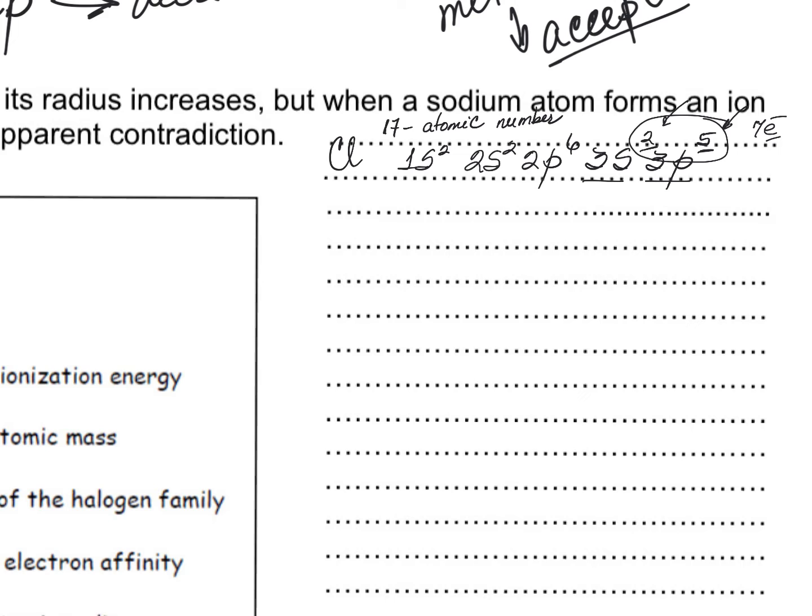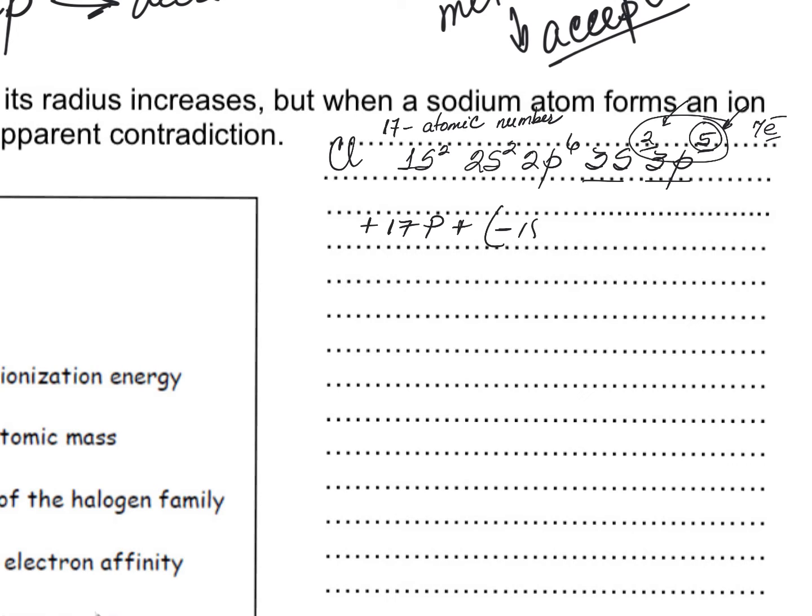It's going to be easy for chlorine to let go of 7 or just to accept 1. Of course, accepting 1 will take less energy. That's what is happening in real life. But now you have 17 protons. They are positive. If chlorine is accepting 1, you don't have 17 electrons anymore.